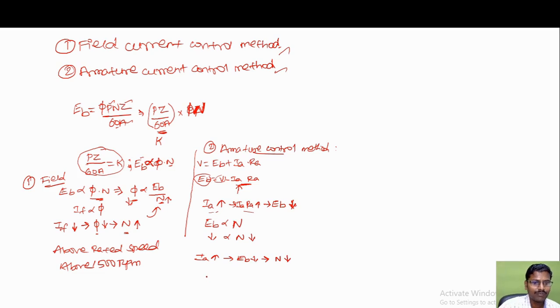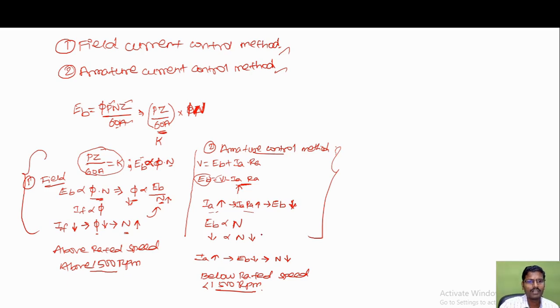This kind of method can be employed for below rated speed applications, that is less than 1500 RPM, and the field control method is for above 1500 RPM, greater than 1500 RPM, right? So these relations are for the field control method, and this relation is for the armature control method.